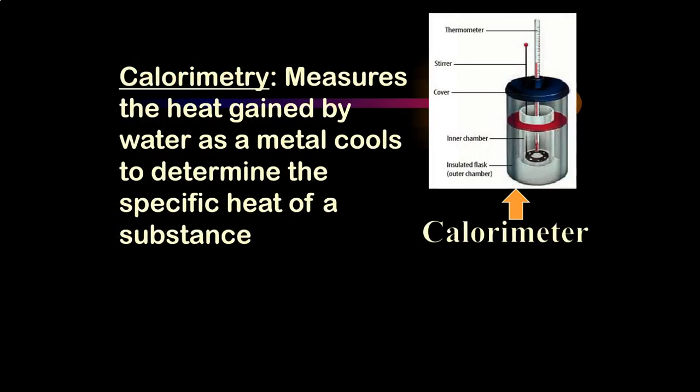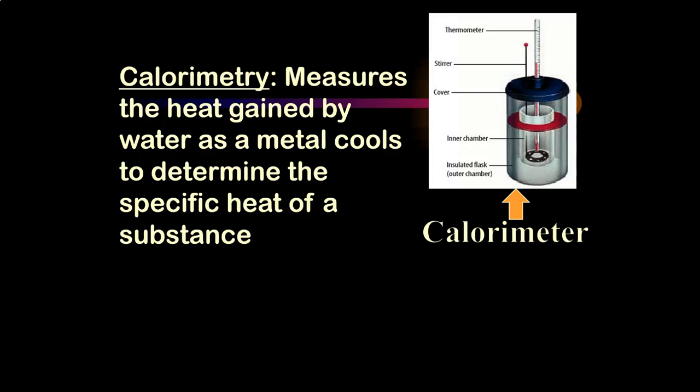One way we can measure the specific heat of something is by using calorimetry. And the way that this sort of works is we have a sealed container that's filled with water, and we can place a hot sample of metal in that water. And by calculating out how much energy that water gains, we can then see how much energy the metal lost as well.